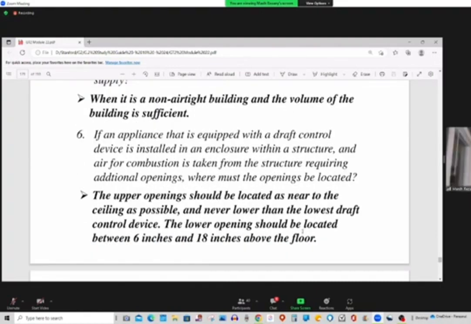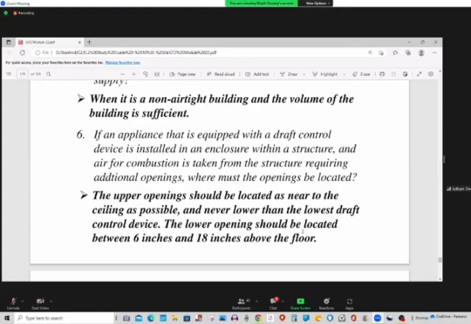Okay, would you read number 6? If an appliance equipped with a draft control device is installed in a closet within a structure and combustion air is taken from the structure requiring additional openings, where must the openings be located?